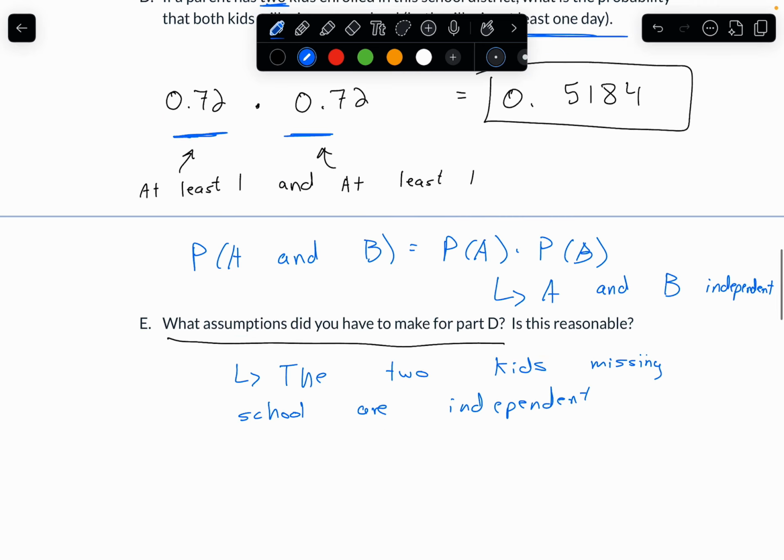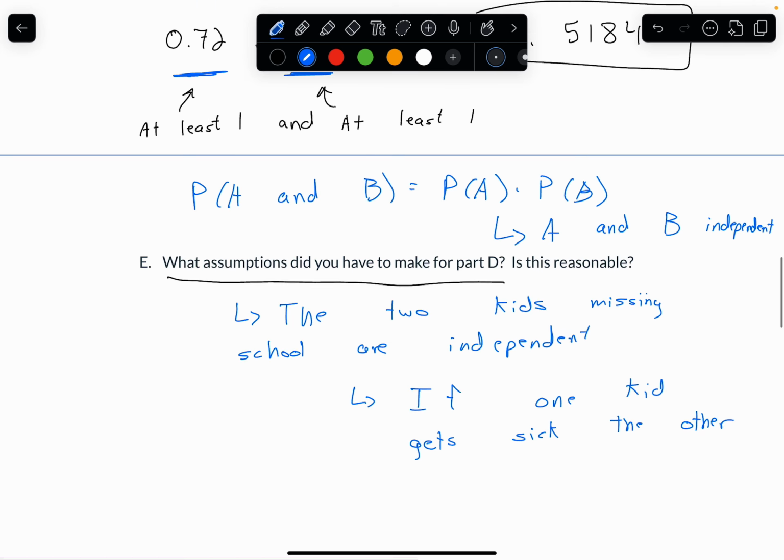And we said, probably not. If you're missing school, most likely it's because you're getting sick, and if one student gets sick, their sibling or whoever they're living with is perhaps also more likely to get sick. If one kid gets sick, the other is more likely to get sick.